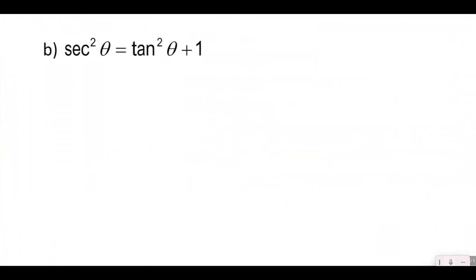Substitute something for secant squared and for tangent squared and see if you can get both sides to be the same. So right away we can substitute 1 over secant squared for 1 over cosine squared theta.